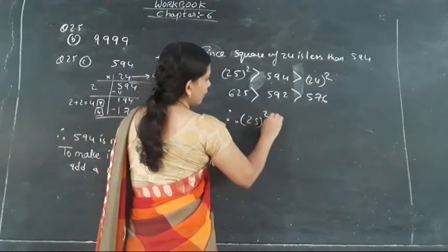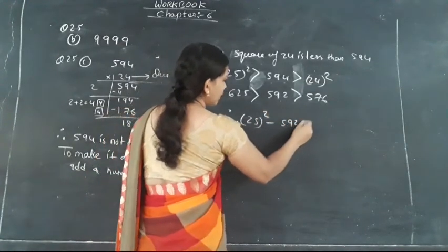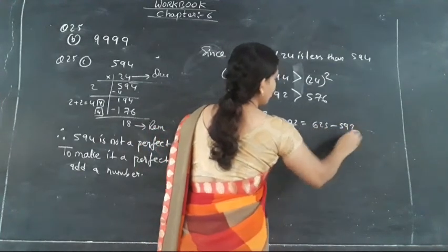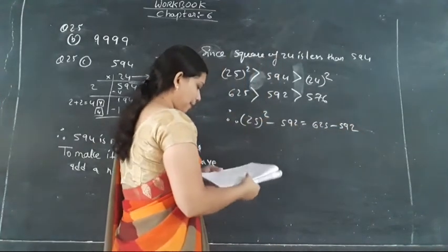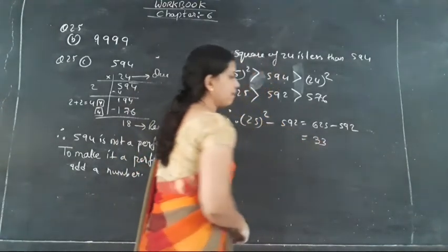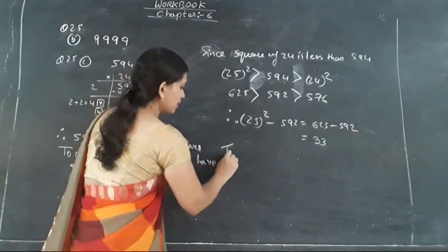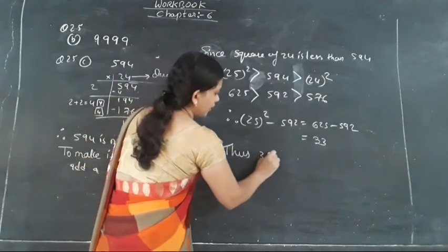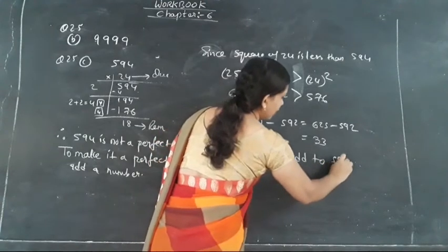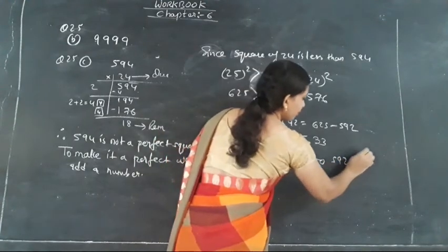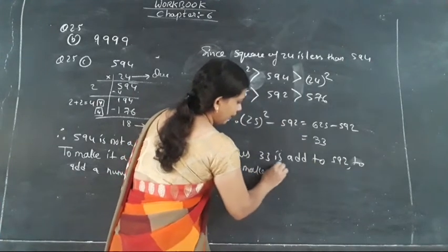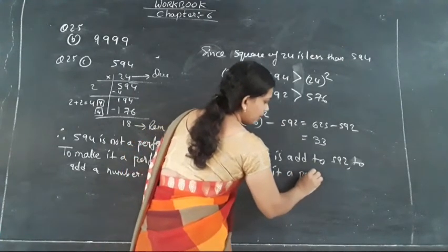therefore 25 the whole square minus 594. So here 625 minus 594, the answer will be 31. So hence, thus 31 is added to 594 to make it a perfect square.